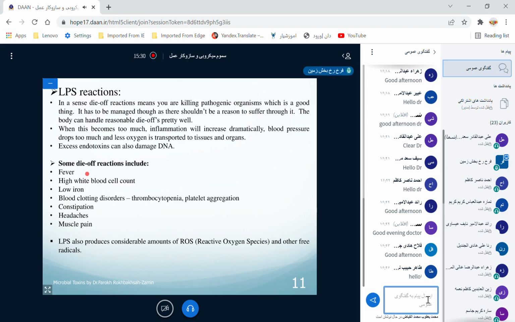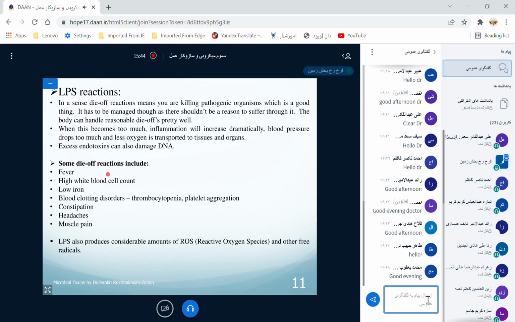So when LPS are released in the body, when endotoxins are released too much in the body because of these die-off reactions, what can we feel?